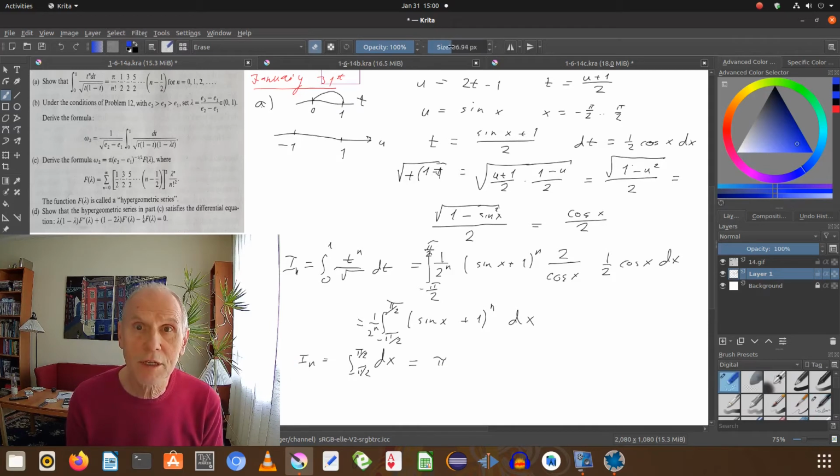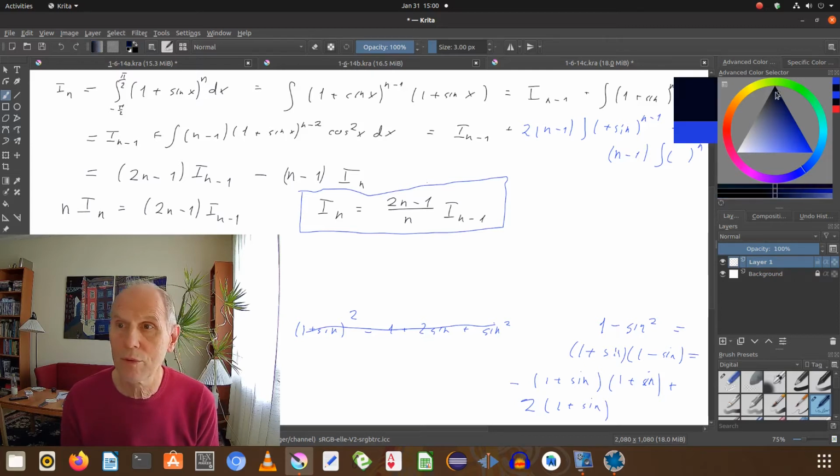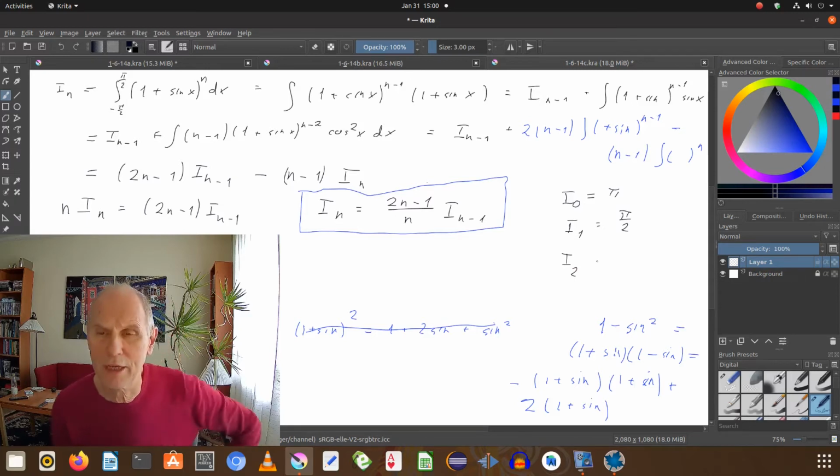So we have I naught equals pi, I1, which was pi halves, and then that doesn't follow this formula, don't really know why, don't care.